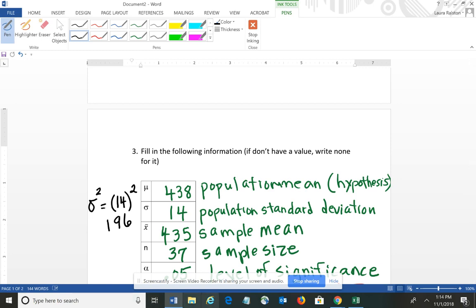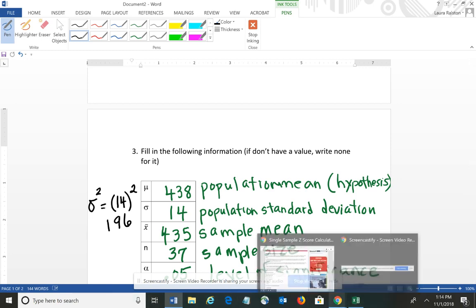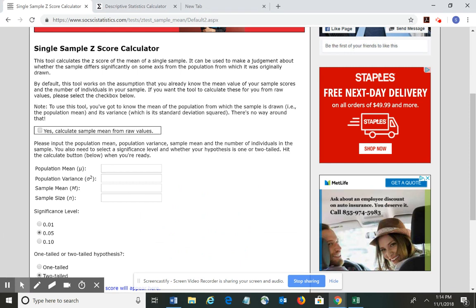So all the information I need is there in my table. My population mean from the hypothesis was 438. My population variance is 196. My sample mean is 435. My sample size was 37. I am using a 0.05 level of significance. I need to indicate it's a one-tailed test.